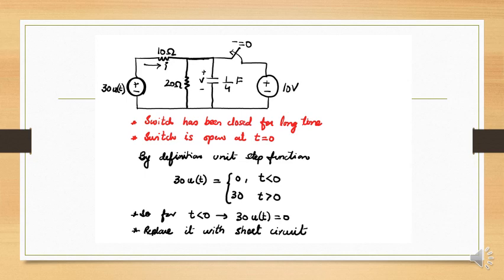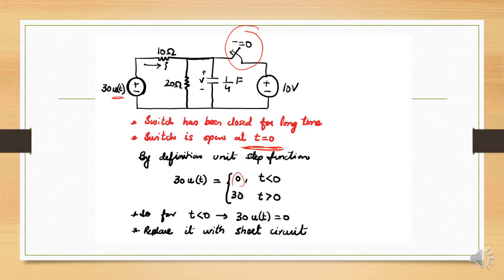Switch has been closed for a long time. Yes, we know that it is given in the statement. Switch is open at t equals 0. Yes, this part of the circuit will be open at t equals 0. So by definition of unit step function, 30 into u of t is 0 for t less than 0.